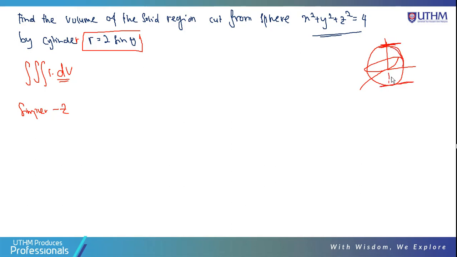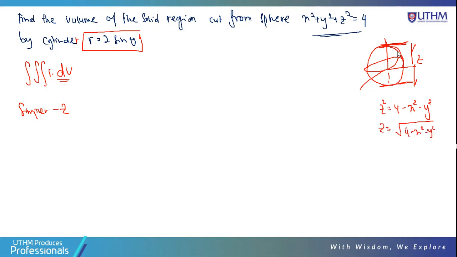Okay, solid here dengan solid yang tu, this is for z. Okay, so z ni, z equal square root of 4 minus x square minus y square. Okay, so z equal square root of 4 minus x square minus y square.